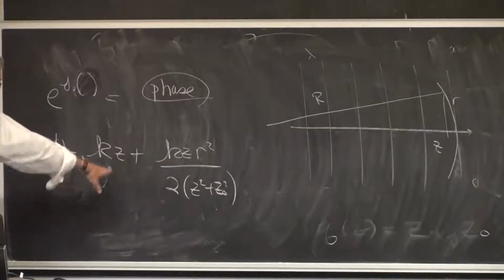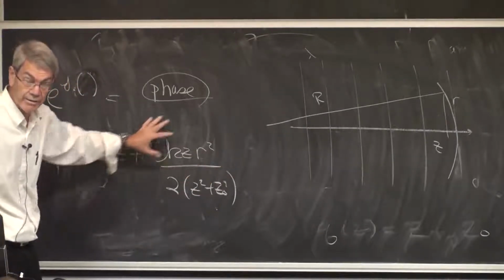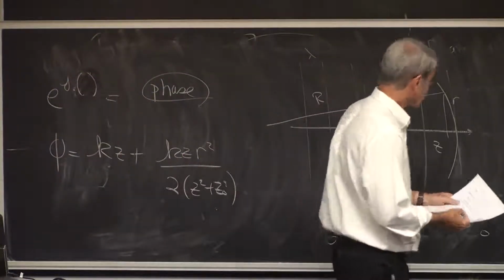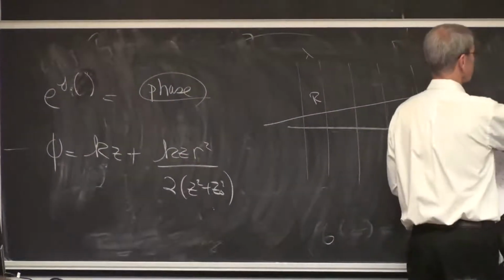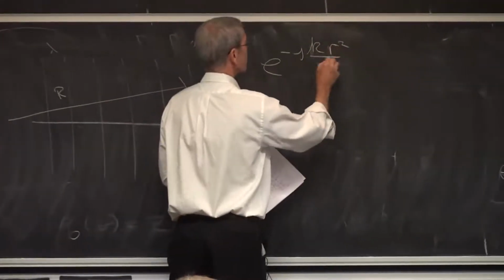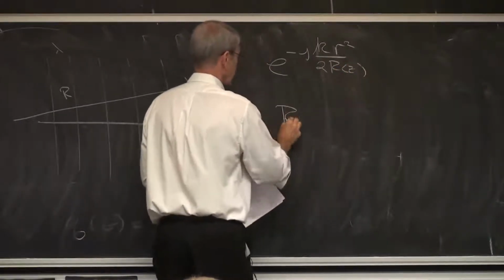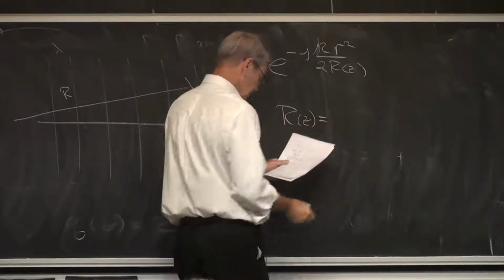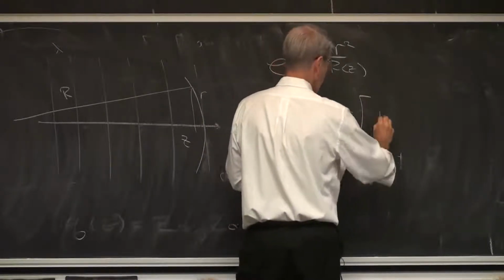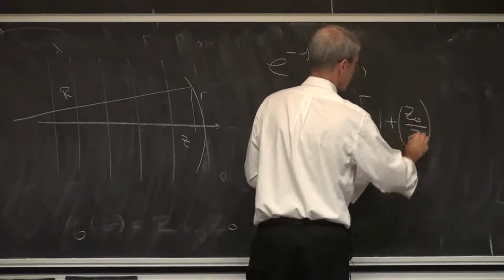So we can play with this: we've got z squareds and r squareds going on here. If you grind it through, this has the equivalent shape of e to the minus j k r squared over 2 R of z, and R of z is given by z times 1 plus (z naught over z) squared.